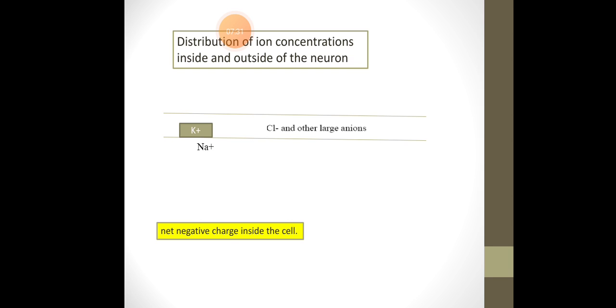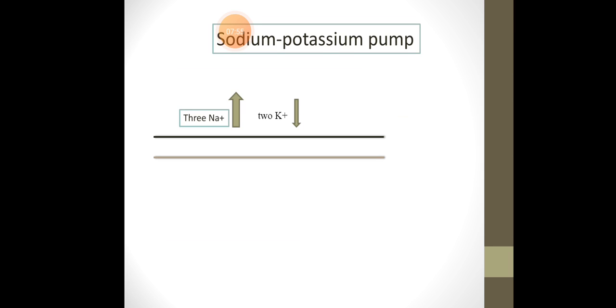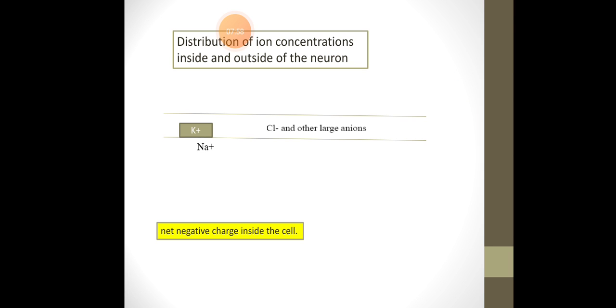Potassium is a positive ion, but there is also some amount of chloride and other large ions as well. Now, selective permeability of the plasma membrane to potassium ions and sodium ions.